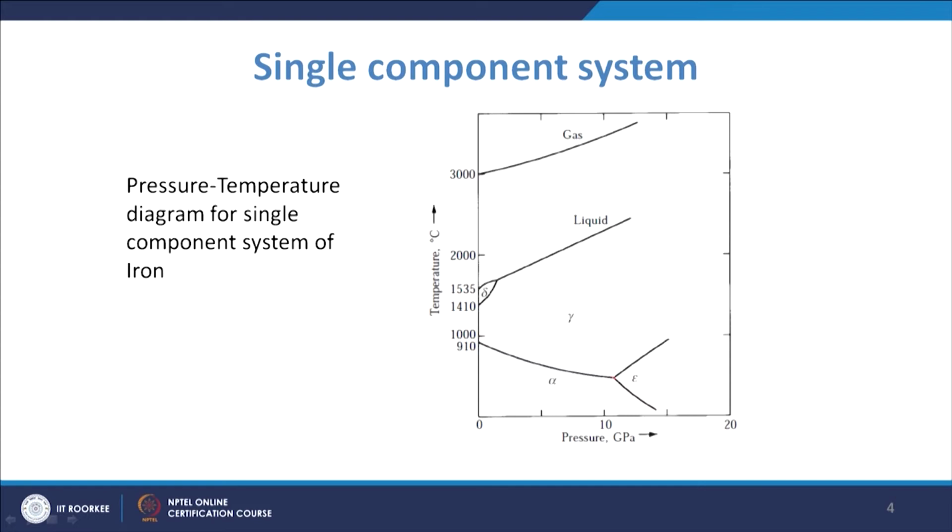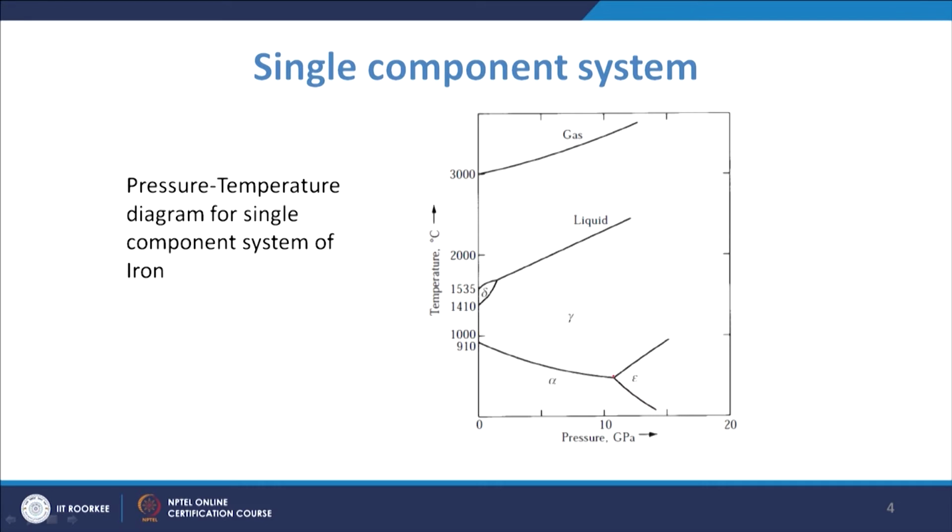Now, if you talk about three-phase equilibrium, suppose it is at this point. In that case your number of phases is 3. So C minus P plus 2: P is 3, C is 1, so 1 plus 2 minus 3. In that case F becomes 0. It means your degree of freedom is 0.